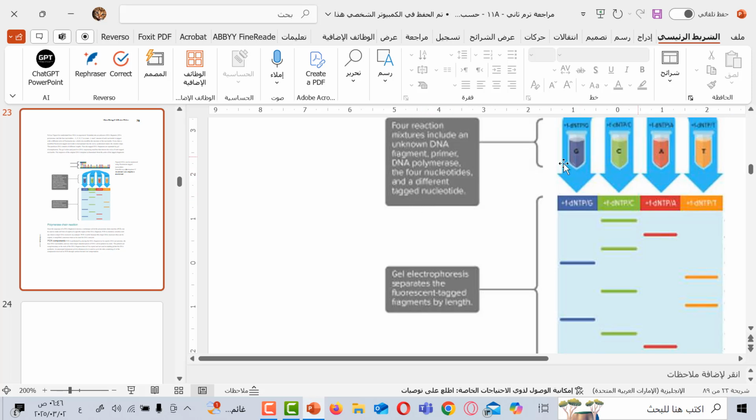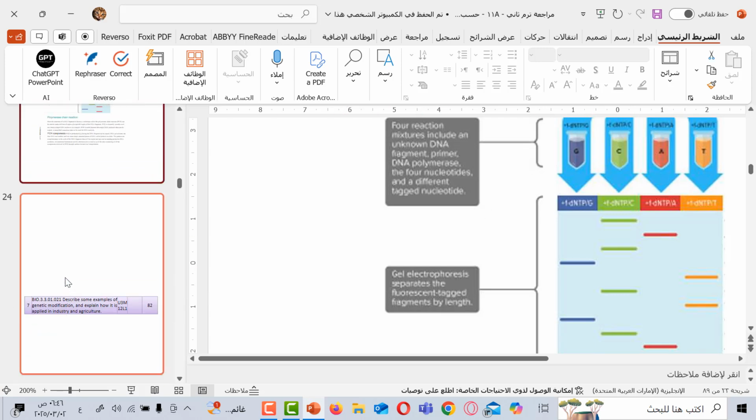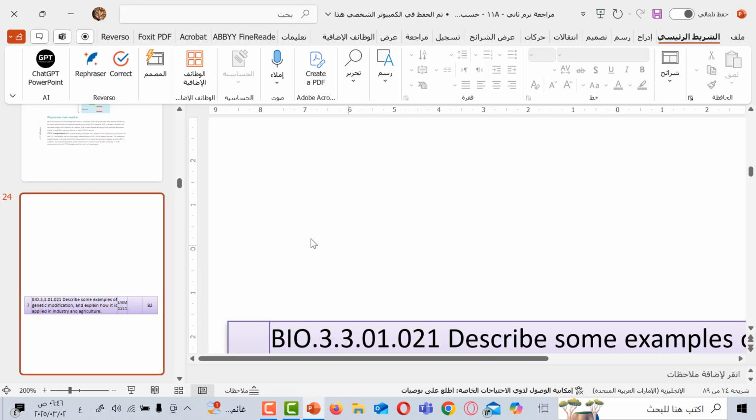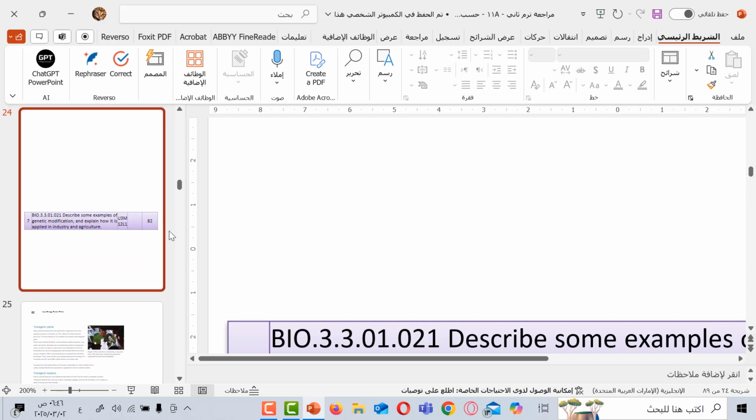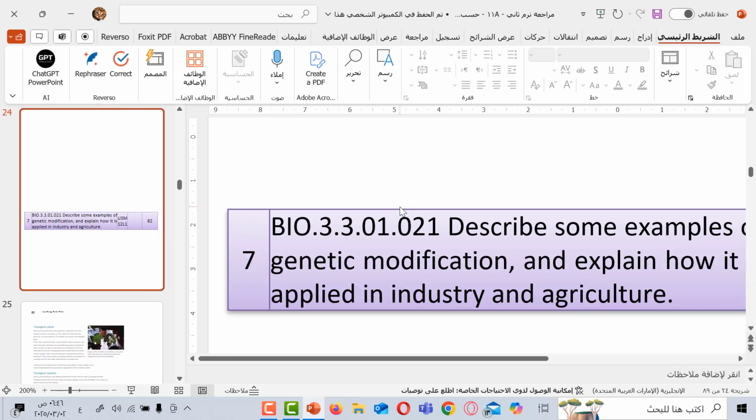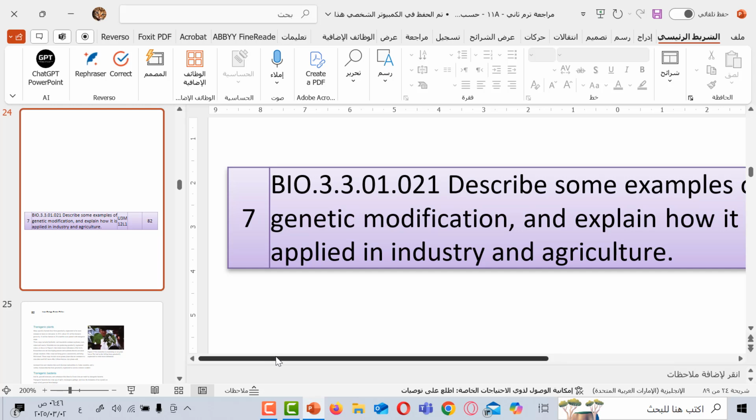This is called tagged nucleotides. I didn't have any question from the last text about this, but you must read this well, see this picture and know everything about it.